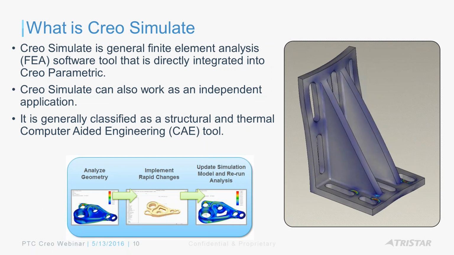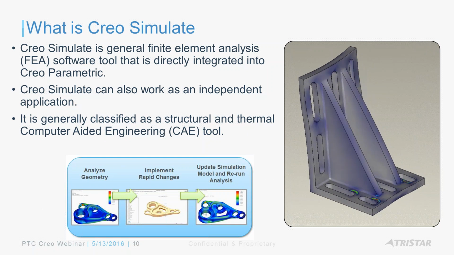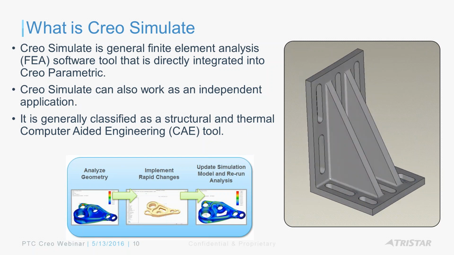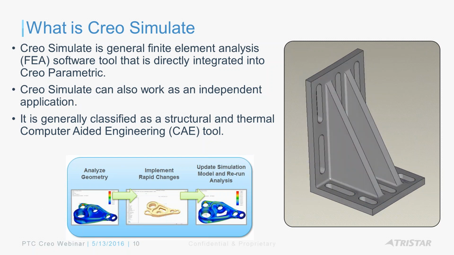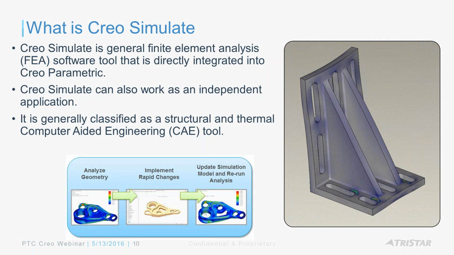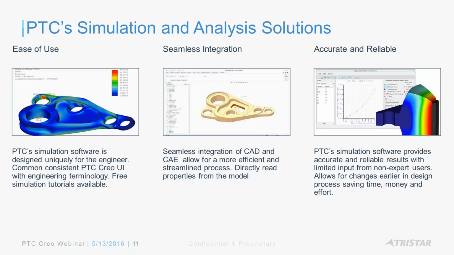You're also able to optimize your design based on some analysis goals, right? I want to make sure the deflection and the stress are less than certain values, and here are my design dimensions, and here's my range. And the software allows you to do design exploration, or I should say design optimization, since it's linked to Creo Parametric.